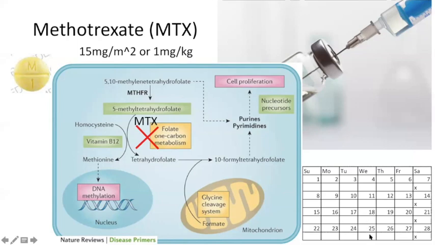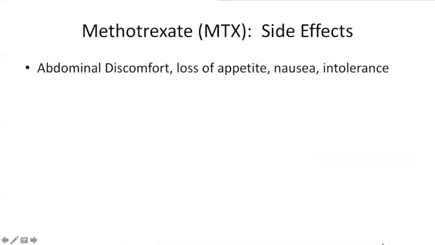I show this calendar here because it's been shown in studies that the side effects are minimized by taking methotrexate once a week, either when it's taken by mouth or by injection. And it's usually taken towards the end of the week because most of the side effects happen the day or two afterwards, to minimize the side effects affecting school. So some of the most common side effects are abdominal discomfort, loss of appetite, nausea, and intolerance.